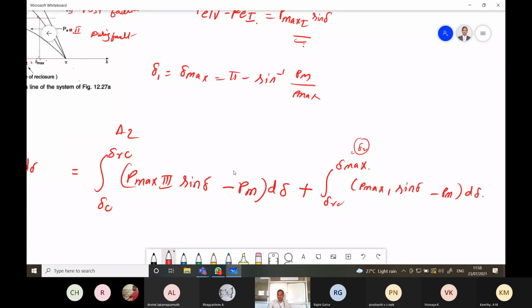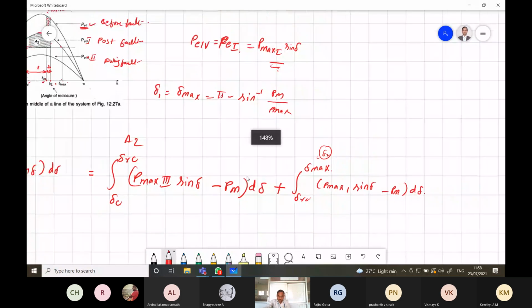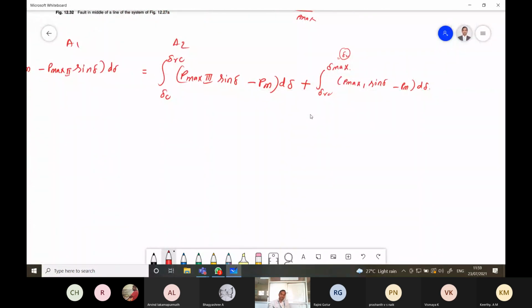The time of reclosure is added here, and that is called tau. Time of reclosure Tr is equal to Tcr plus tau. This tau represents the time between clearing and reclosure.